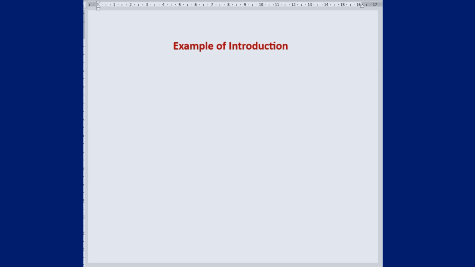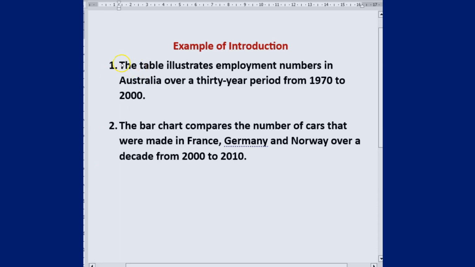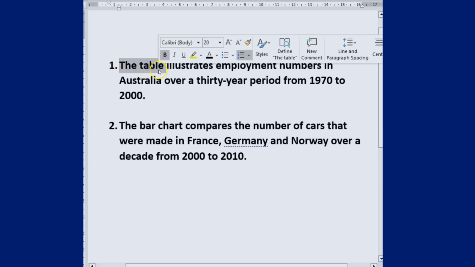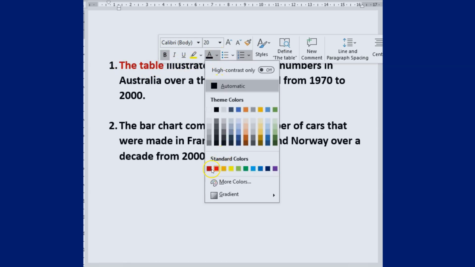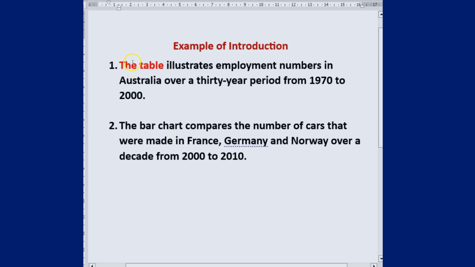So let's look at some sample introductions and see how we might introduce them if we apply the information that we received. You can see the table. So you can see that this one shows the actual diagram we are using. So the table illustrates employment numbers in Australia.